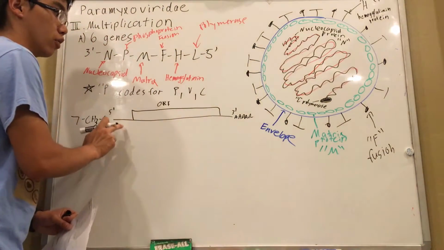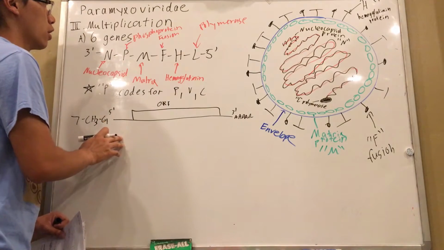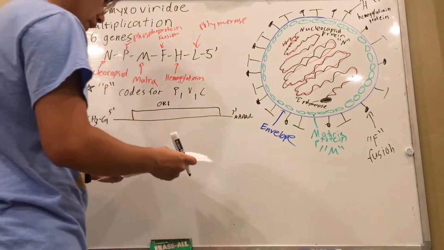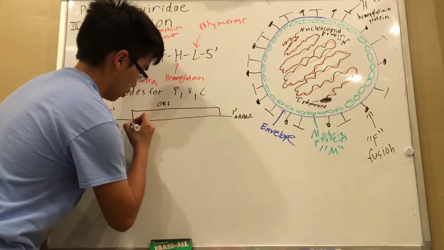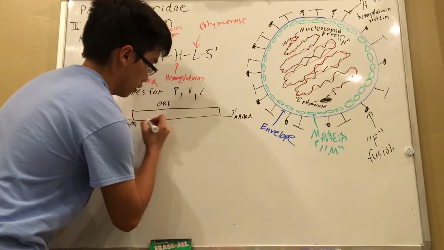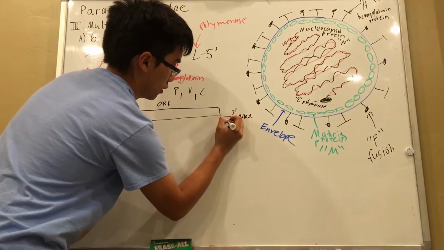So this is your capped mRNA for your P gene. Here's your AUG start site, and then this is your stop.